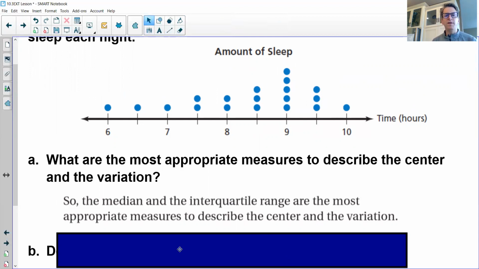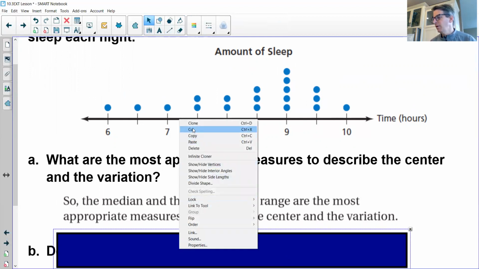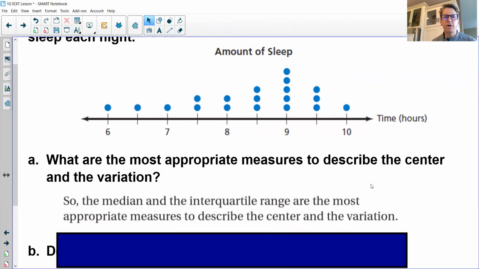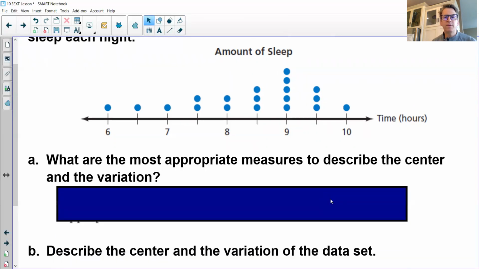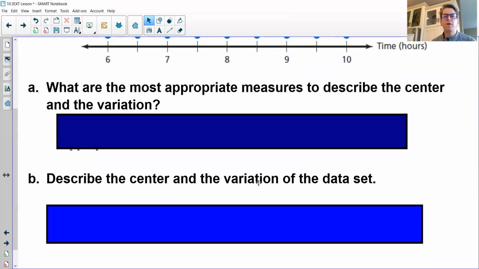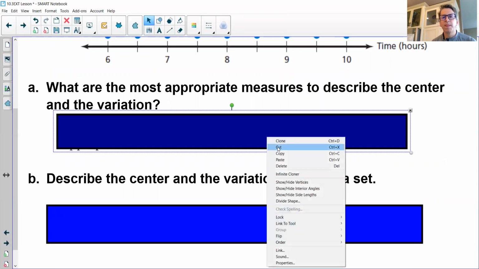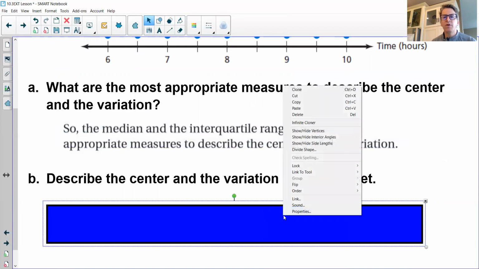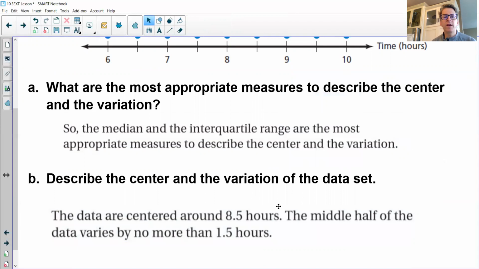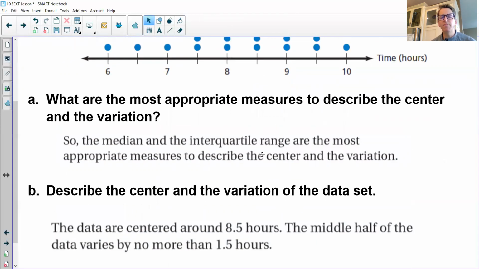Okay, letter B. It asks us the question, describe the center and the variation of the data set. So here we're going to basically say the data are centered around 8.5. Okay, the middle half of the data varies no more than 1.5 hours.